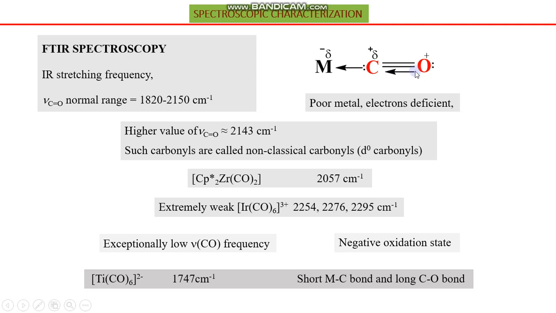This carbon and oxygen stretching frequency we have to determine in FTIR or IR spectroscopy in the free state, and then after complexation with the metal center. The bond between metal and carbon appears at lower frequency. Therefore, normally this range is either beyond the range of IR spectroscopy, or we do not measure this region, because the normal range of IR spectroscopy is from 400 to 4000 per centimeter, and this bond appears below 400 per centimeter.